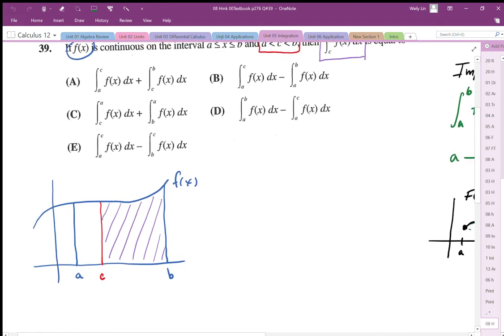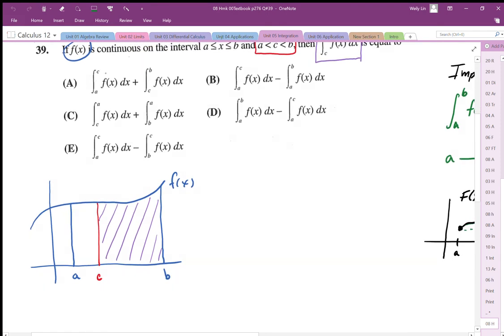So the options here that we're given are, for a, we're looking at the area from a to c plus the area from c to b. Well, the area from a to c is going to be this area in here. The area from c to b is going to be our purple area here.